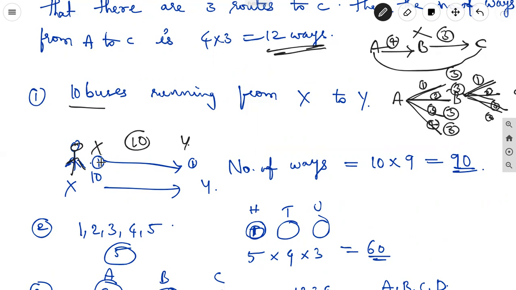He uses only one bus, but the same bus is not used in the return, so he can use the 9 buses. Why? Because the bus he used from X to Y cannot be used again, so from the 10 buses we subtract 1. How many remaining are there? 9. So 10 into 9, 90 ways are there. In the same way, so many examples are there.